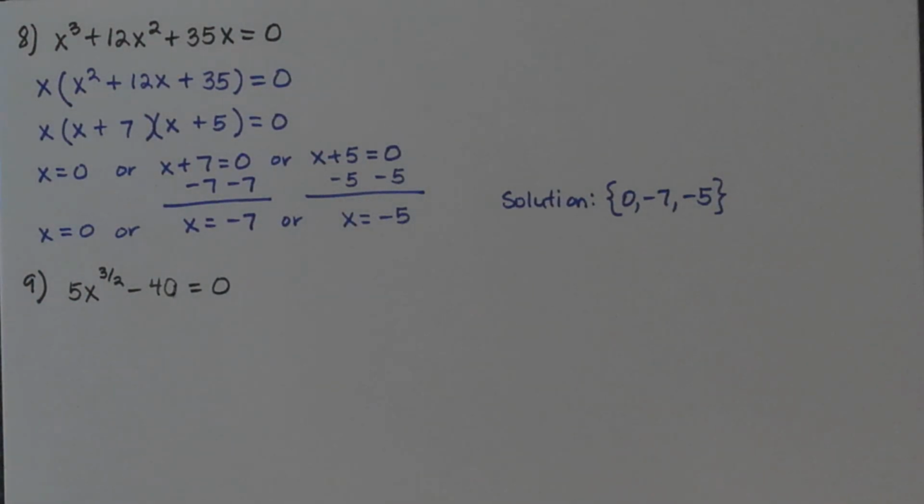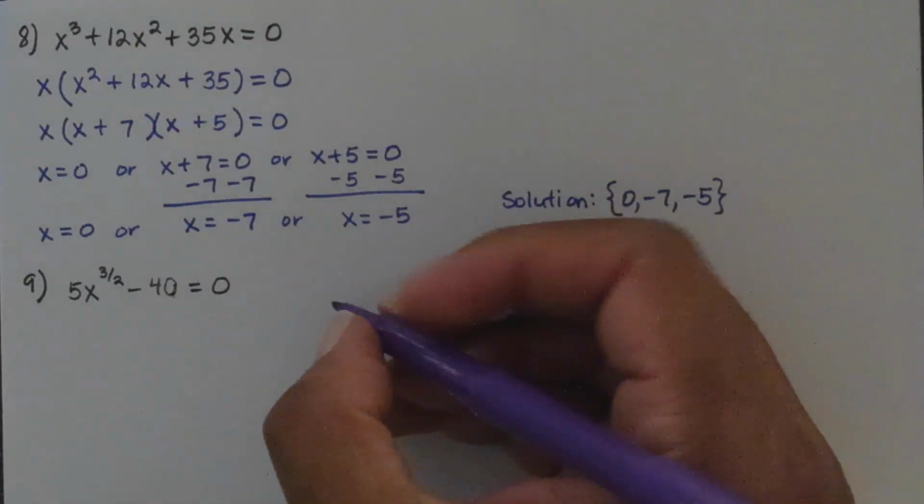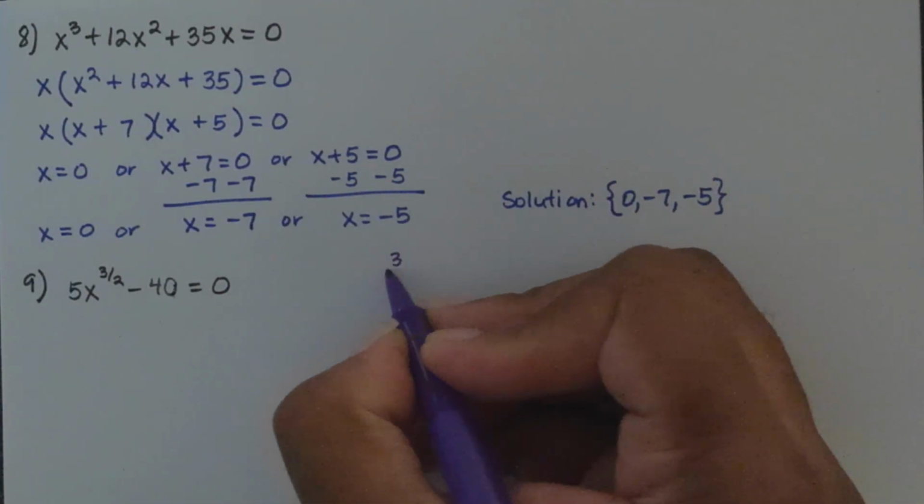Now off to the side, what I would suggest is to determine whether you need to use a plus or minus symbol, and also whether you need to check your proposed solution.